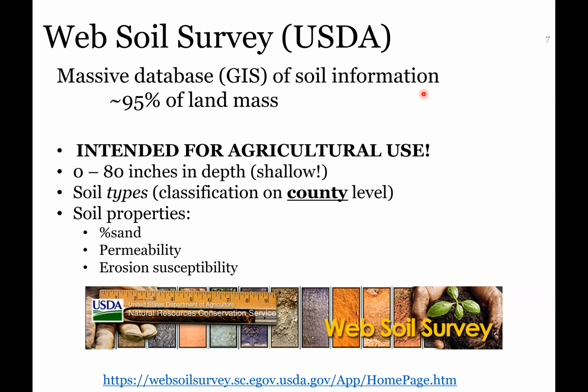Now, this is not intended for design, but it's again intended for us to then better shape or better refine our subsurface investigation. So some of the issues that we might be able to encounter through the web soil survey would be the presence of organics. So if there's a bunch of organics at the ground surface, and we need to get our truck rig in there to perform a boring, then we might need to choose a different option.